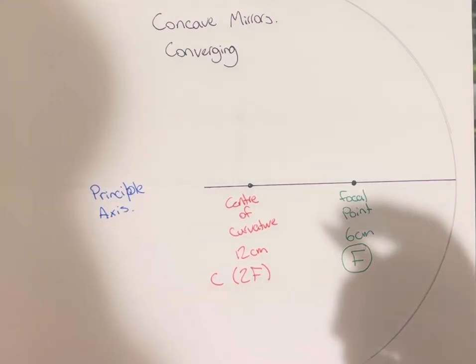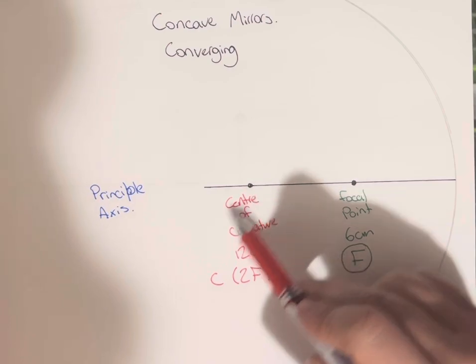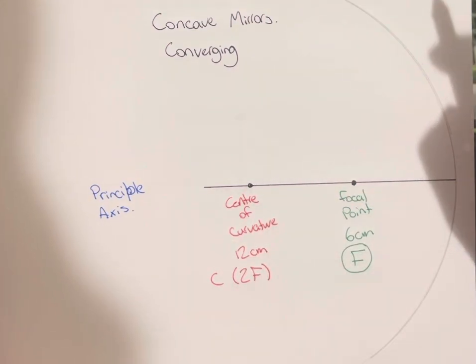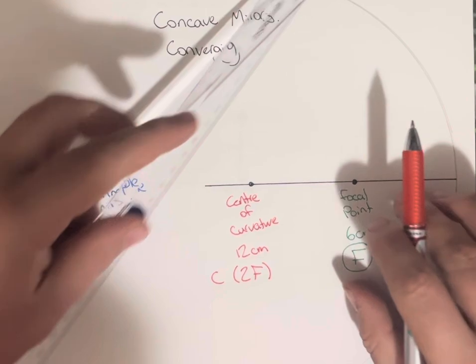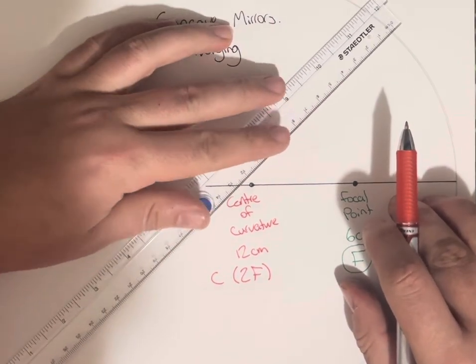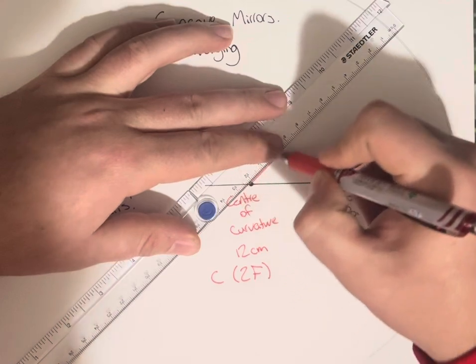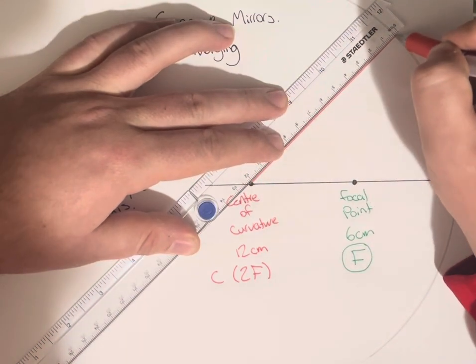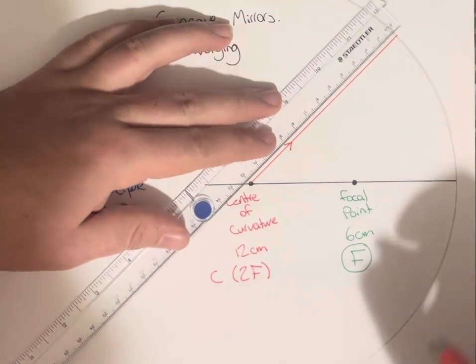The very first rule that we will see is that if any ray of light is to come directly through the center of curvature, it will bounce back and the reflected ray will be along the exact same pathway. So let's say I had a specific ray. Here's my incident ray going into the mirror, so let's denote that as an incident ray.